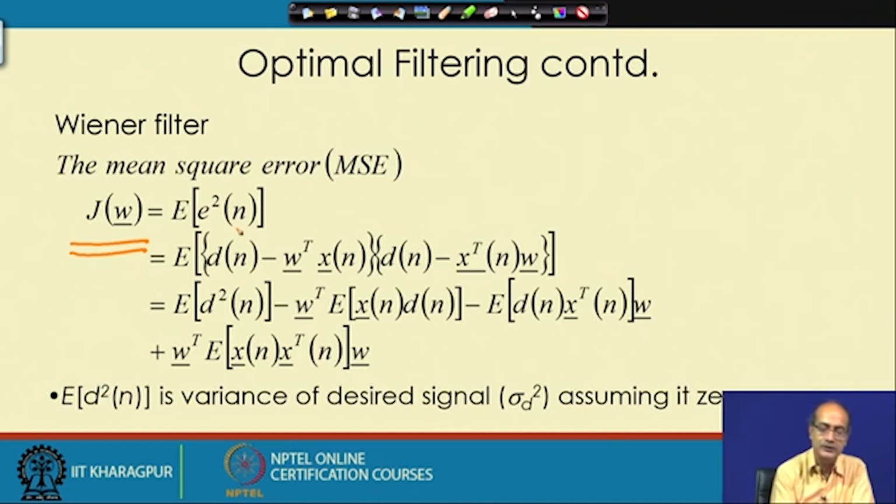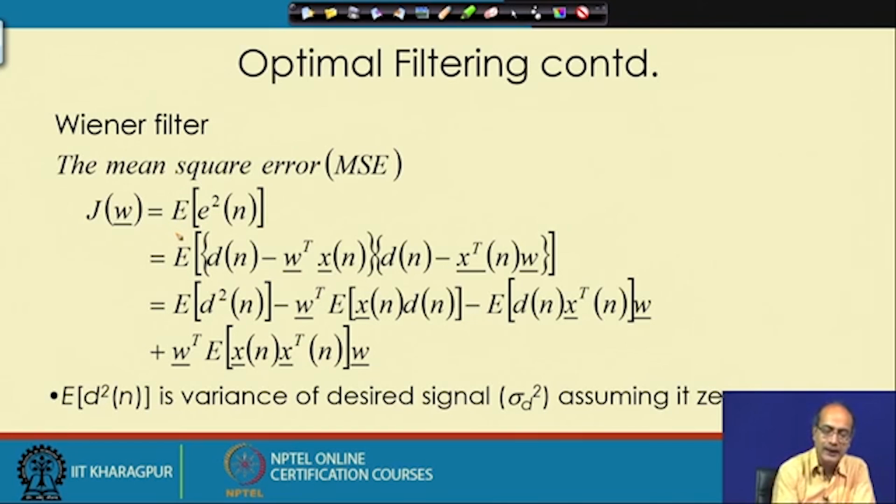Otherwise, we would have to take the modulus of e n squared, if e n is a complex signal. But here things are simple, since we are dealing with a real signal. So we are happy to take just e n square, and we are taking the expected value of it.